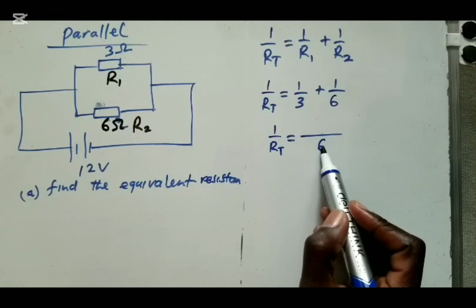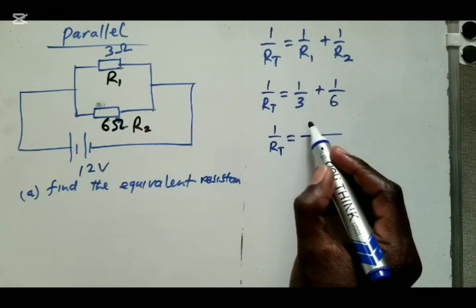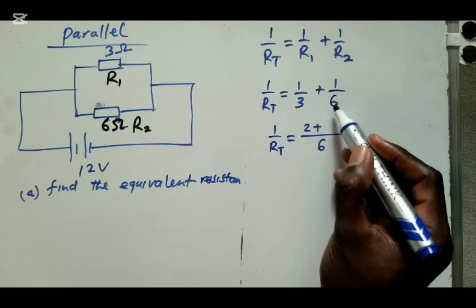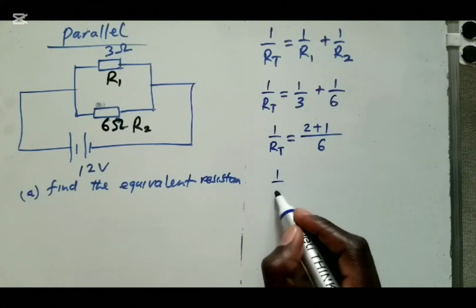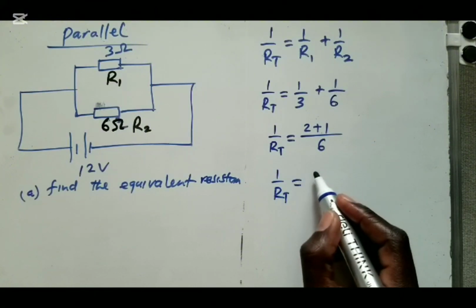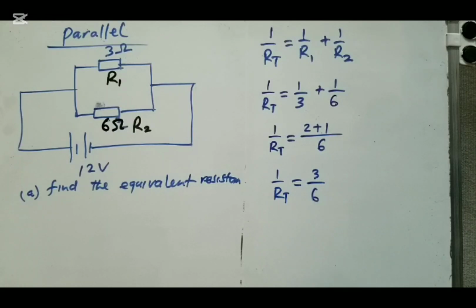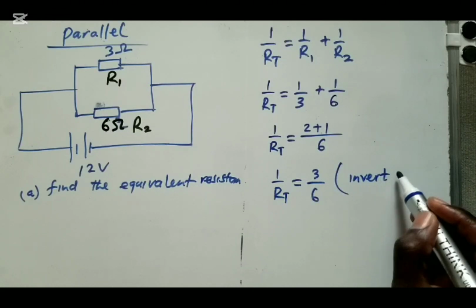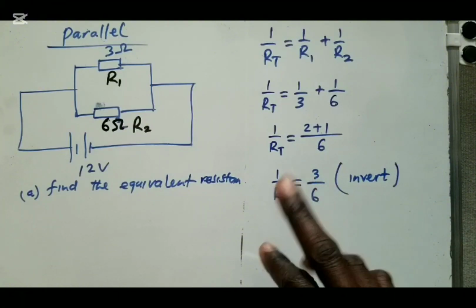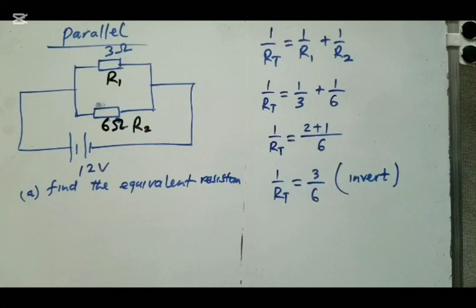Then 3 into 6 is simply 2. 2 times 1 on top will be 2 plus. Then 6 into 6 is 1. 1 times the 1 on top will give you 1. So 1 over R total will be equal to 3 over 6. Now you can simply invert them, in other words, change them upside down.